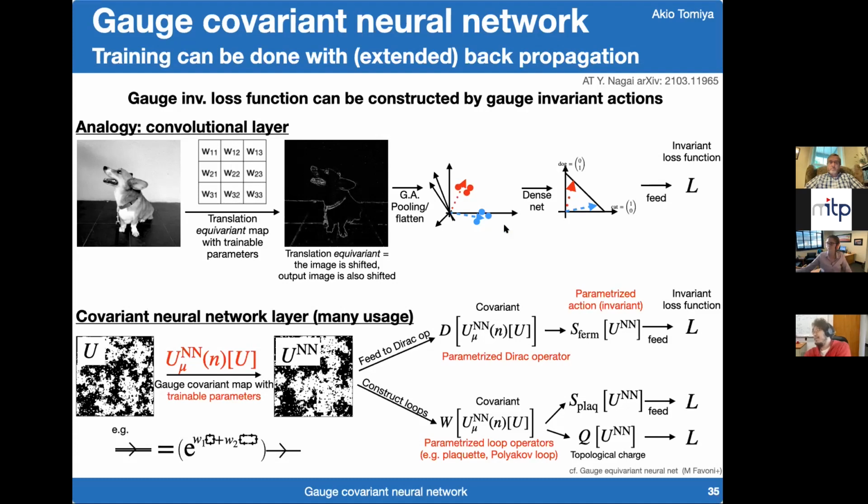Then we can process the data and get some result, and we compare the answer to the output using some invariant loss function. The gauge covariant neural network works similarly.